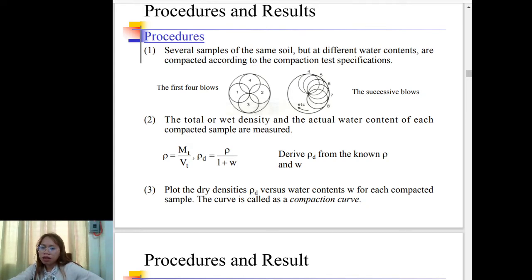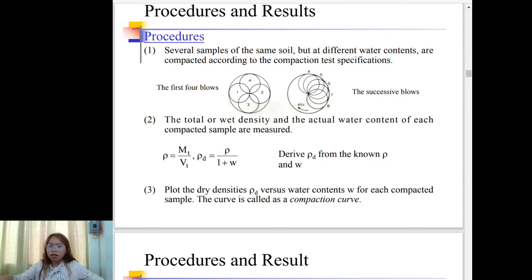Now, this is the representation for the first 4 blows. Then, every successive blow, may ani na siya, no? Mo compact ang soil particles, so mo ma-densify, and magamay ang air voids or mawala, no?